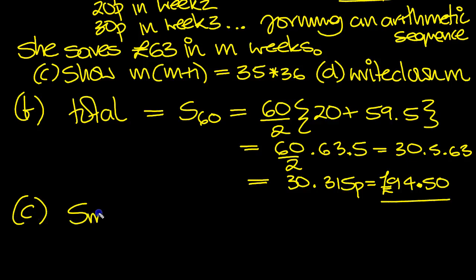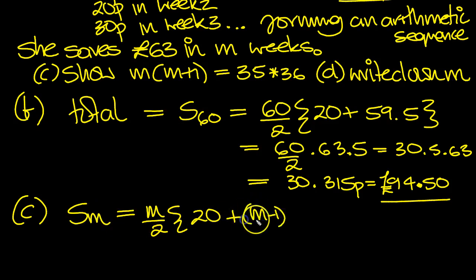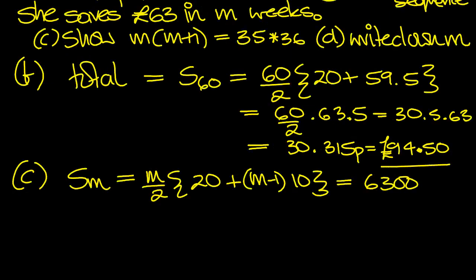The sum after the first m weeks is equal to m over 2, where n is the number of weeks, which is also the number of terms. 2a is 20, plus n minus 1, which is m minus 1, times the common difference, and it's going up by tens each time. And that's equal to £63. In pence, that's 6,300 pence.